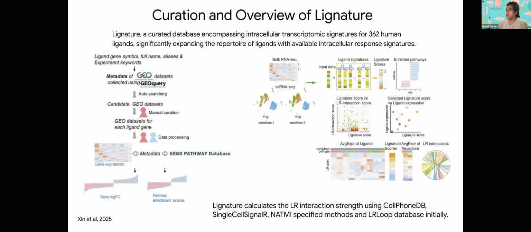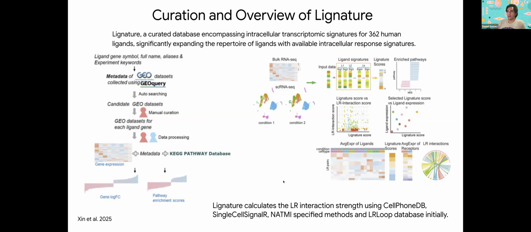So the Lignature score versus the LR interaction score is a plot that we generate, as well as the selected Lignature score versus ligand expression and Lignature score. We also get the average expression of ligands, conditions, and cell types for all LR pairs, and the Lignature score, average expression of receptors, and LR interactions in heat maps, as well as chord diagrams.